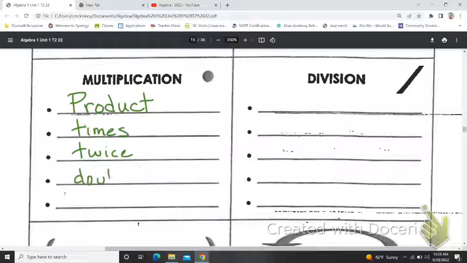Double also means 2 times. And we may just say multiply. Again, you might think of others. Those are some that come to my mind right now. And then for division, the answer to division is called the quotient.